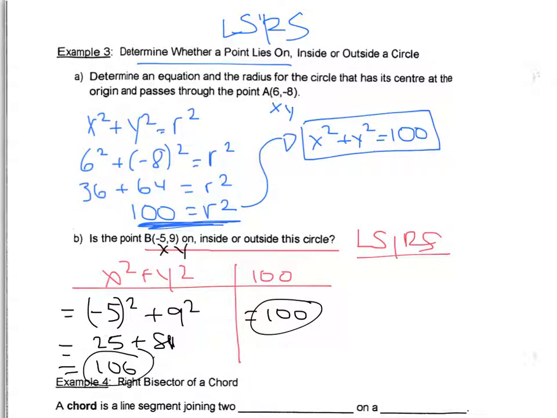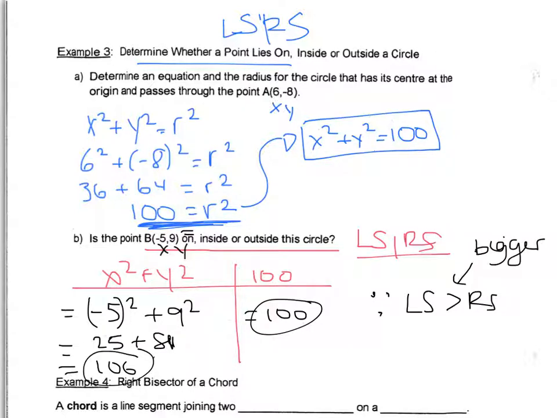Since the left side is not equal to the right side, we know that that point does not lie on the circle. On would be if the left side and right side were equal. Now the left side in this case is greater than the right side. This means bigger.